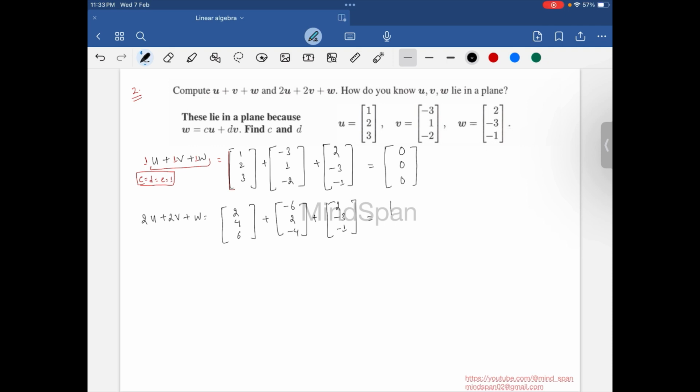So what we will be getting is 2 plus 2 is 4 and minus 2, and 4 6 minus 3 is 3, and here we have 6 minus 5, sorry, 6 minus 5 is 1.